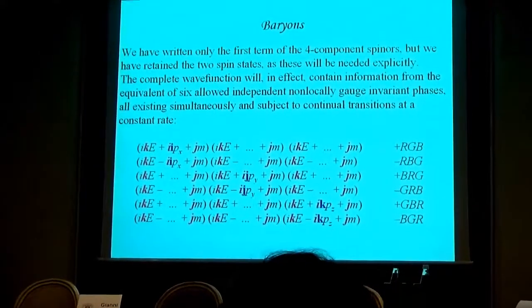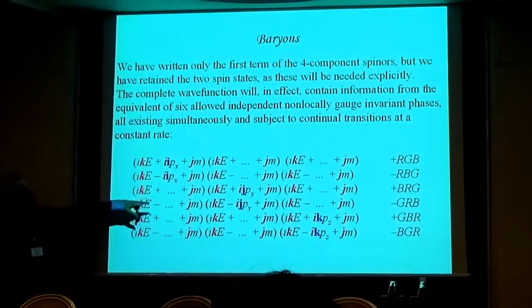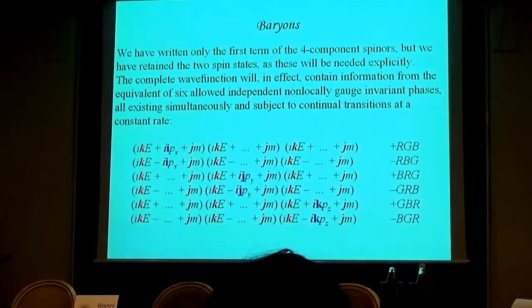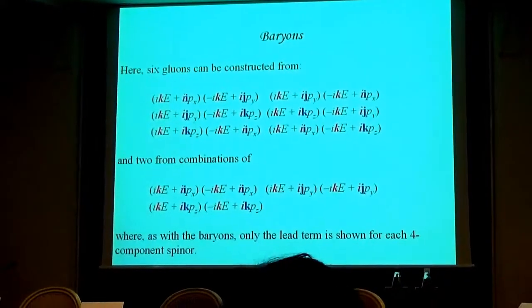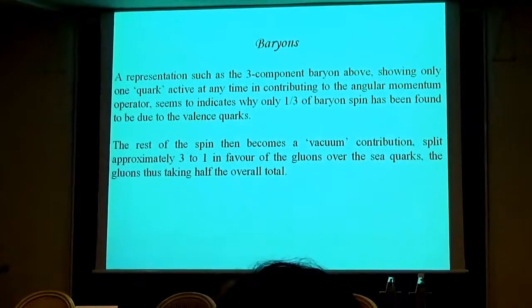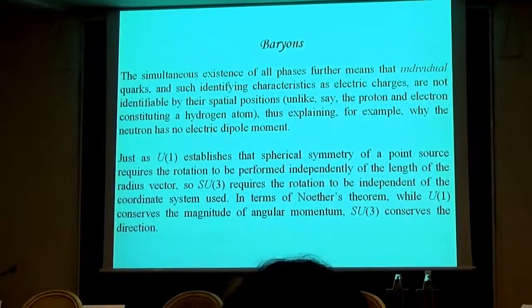You see, I'm just writing down the ones that I've got. And you can make those correspond to the colour transitions. Gluons, of course, you can do the same way. And I will not go into any detail about that because it's too complicated.